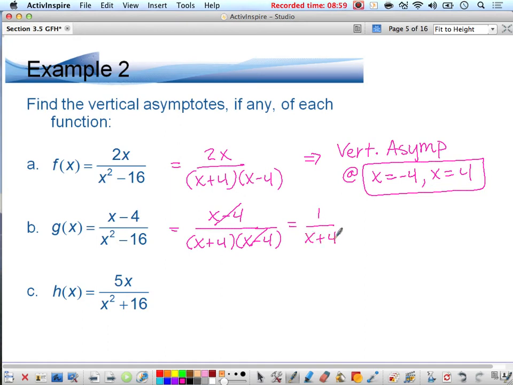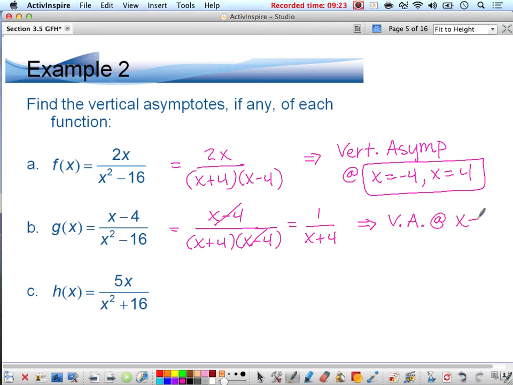Now, just to be clear here, positive 4 is still a restriction, but it is not a vertical asymptote. Only restrictions that do not cancel produce vertical asymptotes. Y'all understand that? Okay. So the only vertical asymptote here, can I abbreviate it VA?